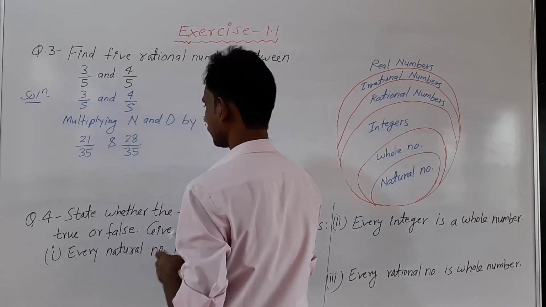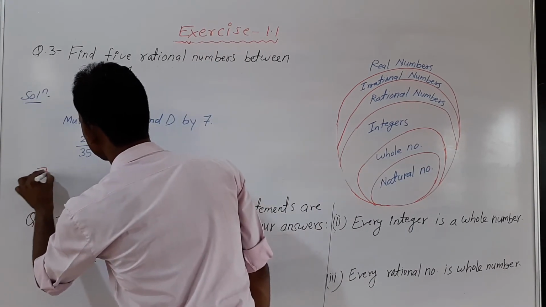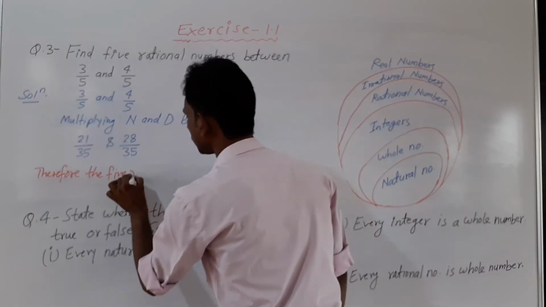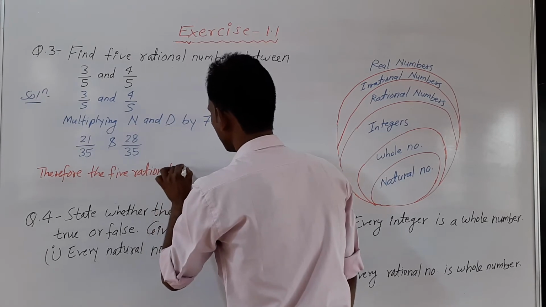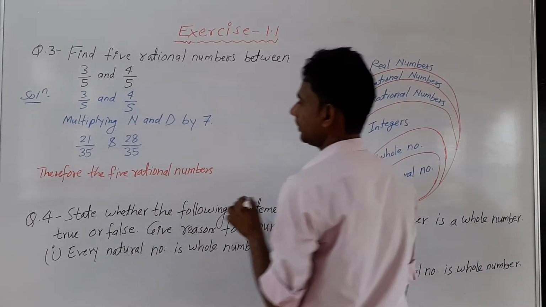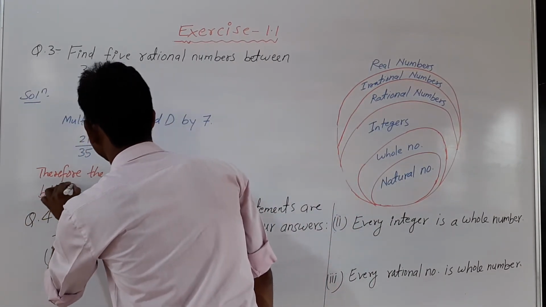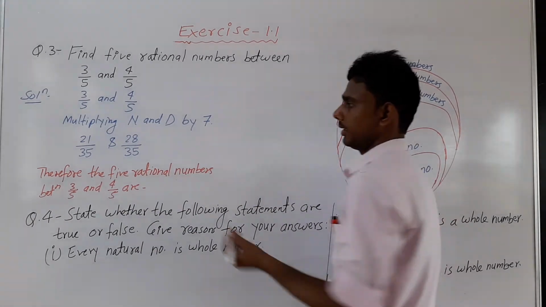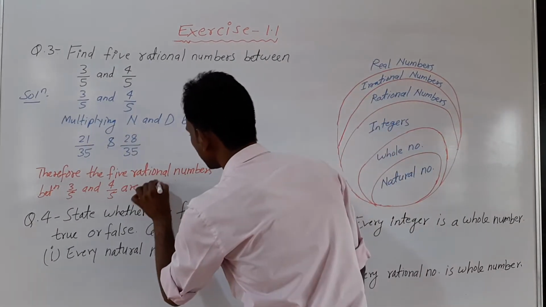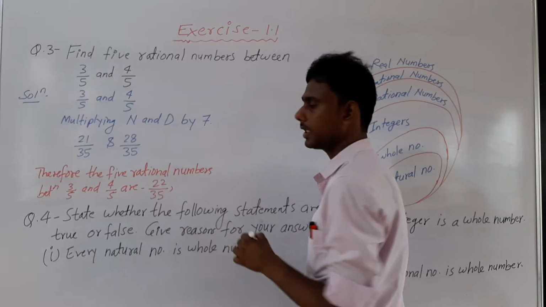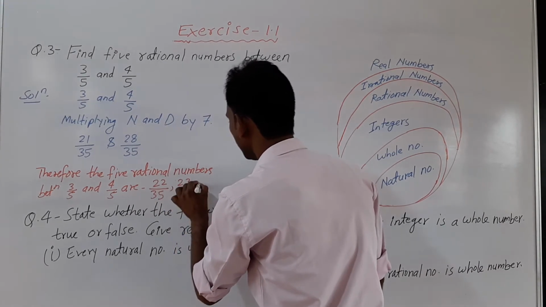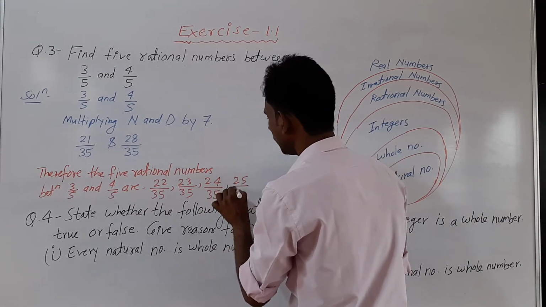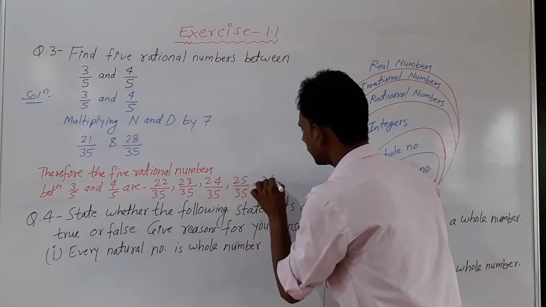Therefore the 5 rational numbers between 3/5 and 4/5 are: the first number will be 22/35, next 23/35, 24/35, 25/35, and last 26/35.